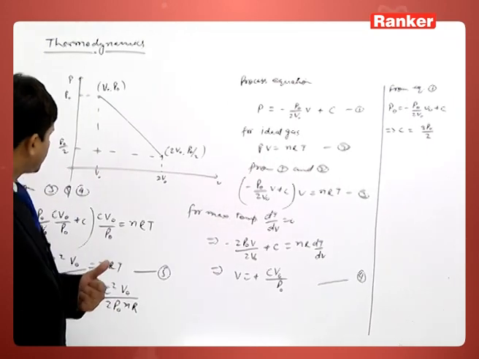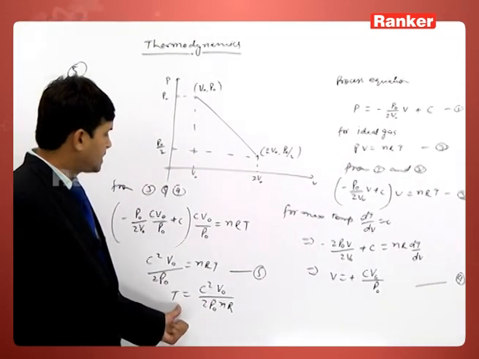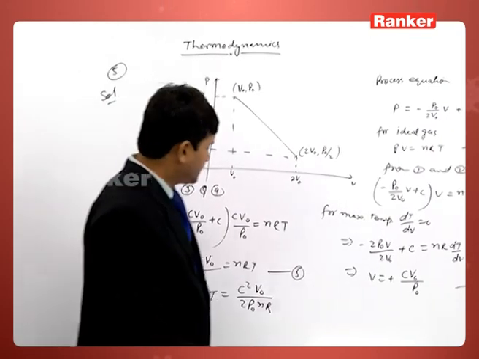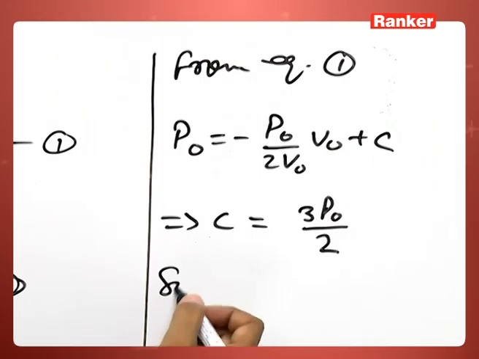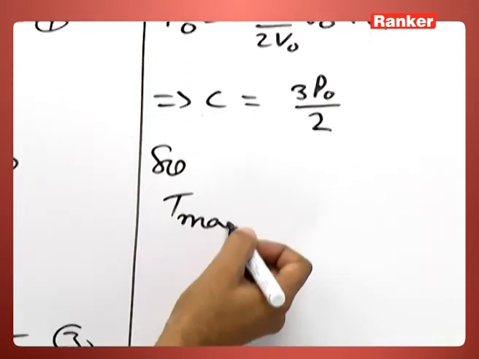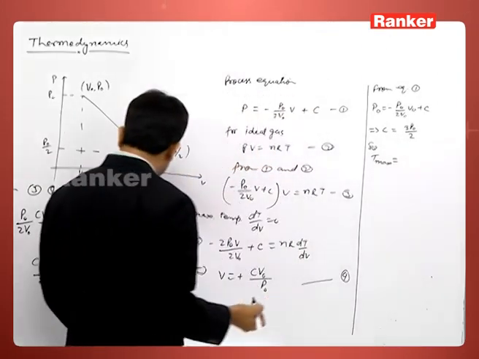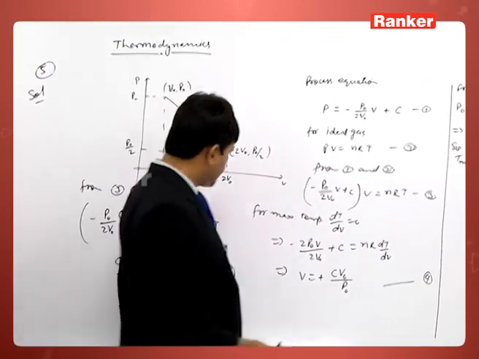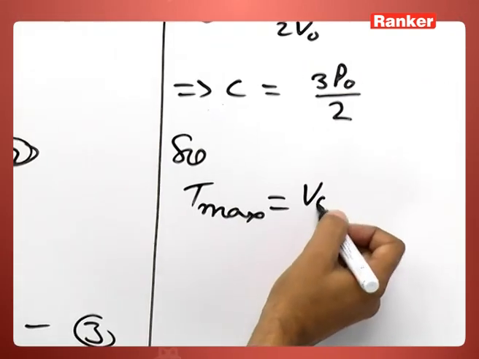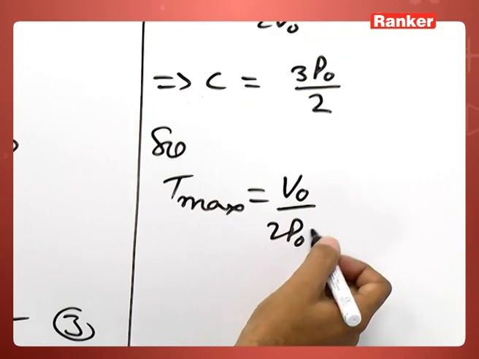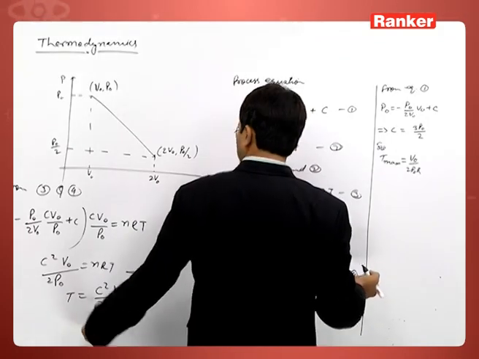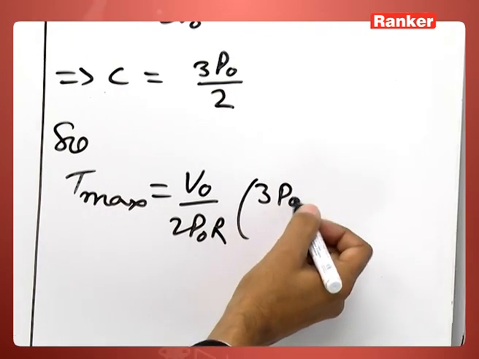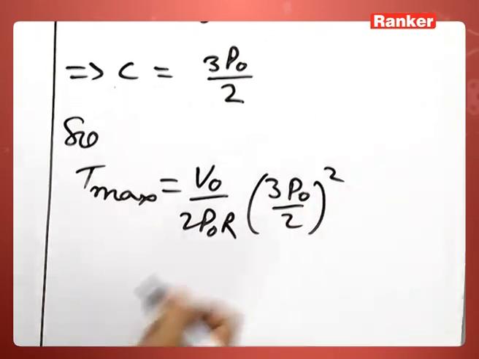Now this value of C we can substitute here, and the number of moles is given as 1. So T maximum is equal to V naught by 2P naught R into C square, and C is 3P naught by 2 squared.